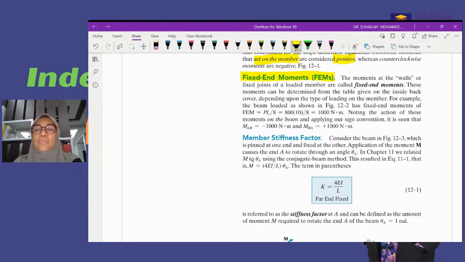The first one is called far end fixed. Why is it called far end fixed, not both ends fixed?